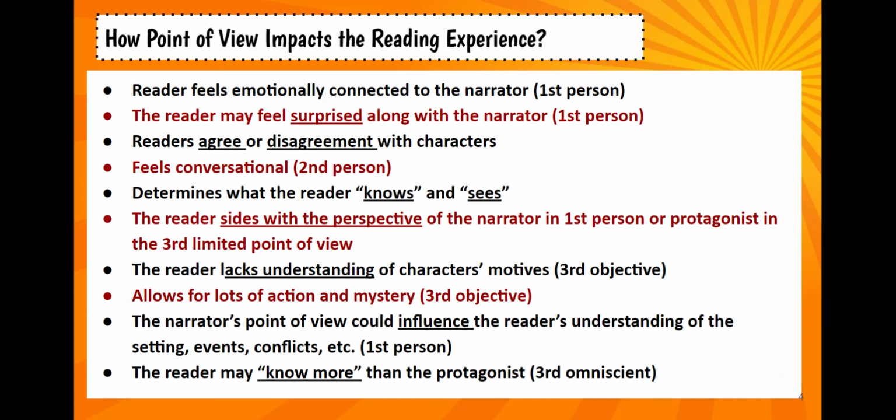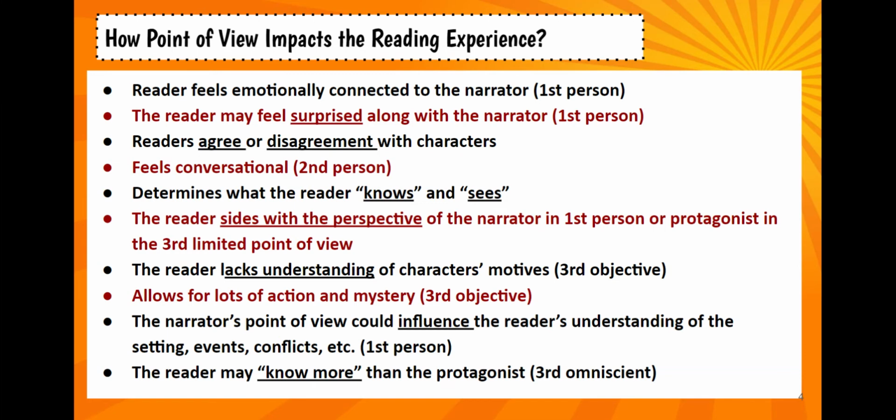It determines what the reader knows and sees. So, point of view can really determine how much information we get about what's going on in the story and what we're actually able to see. Also, the reader sides with the perspective of a narrator in first person, or maybe a protagonist in third person limited point of view.